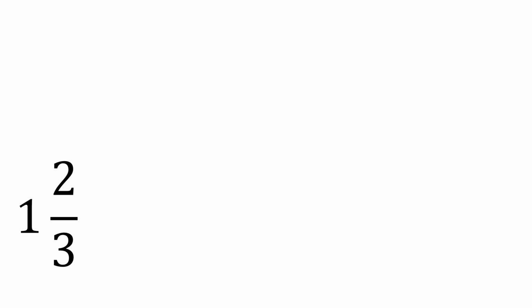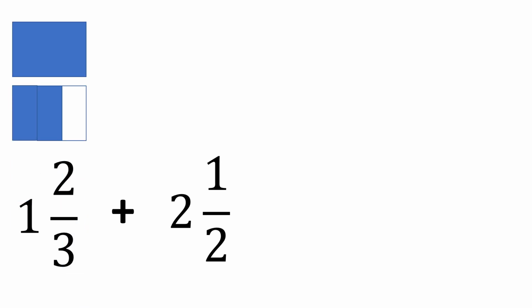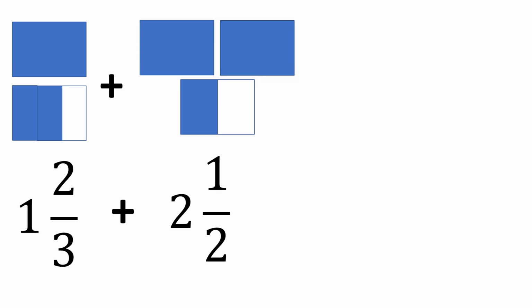Another example, what if it is in mixed form, 1 and 2/3 plus 2 and 1/2. It's actually the same 2/3 and 1/2, we just added some whole numbers, one whole and two wholes in the other.